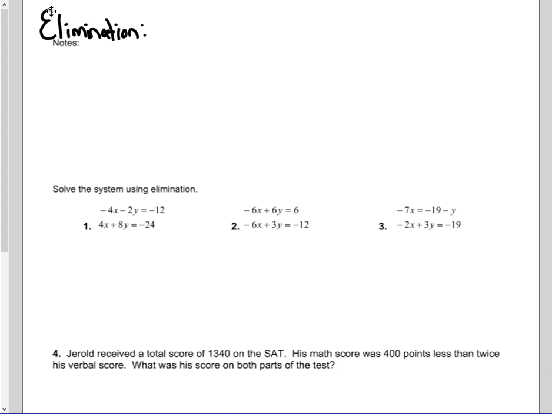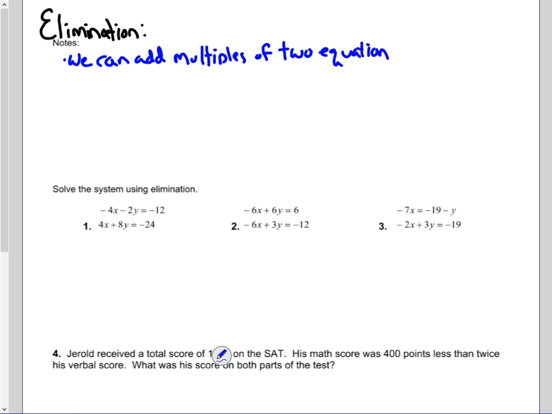The basic understanding of elimination is that we can add multiples of two equations together.